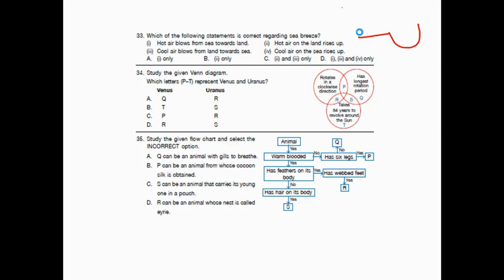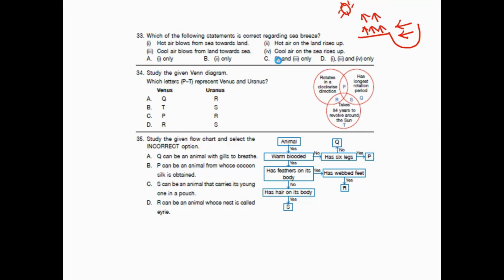During the daytime, the land gets heated more, and the air above the land gets heated up and rises up, right? The heated air, being lighter, rises up. When the heated air rises up, what happens that time? The cool air from the sea blows towards the land, right?